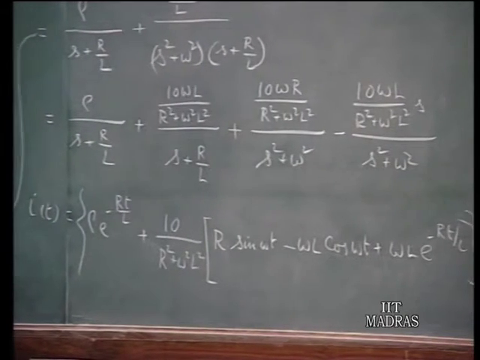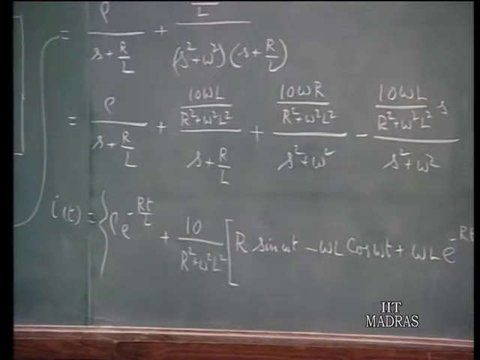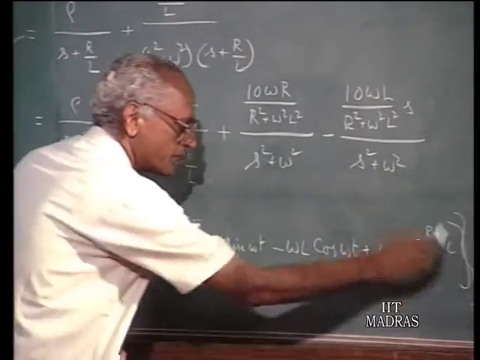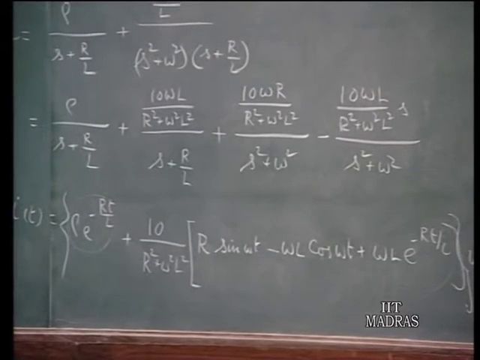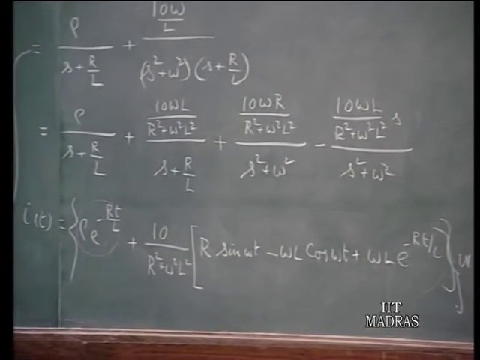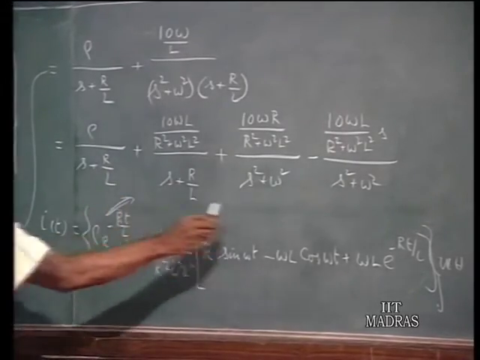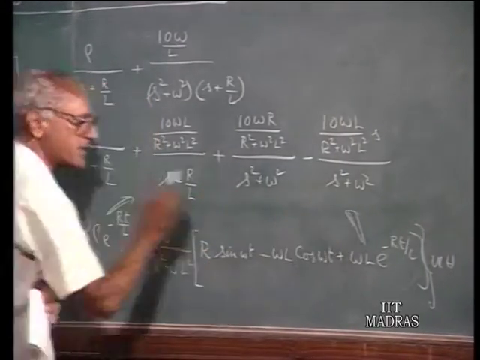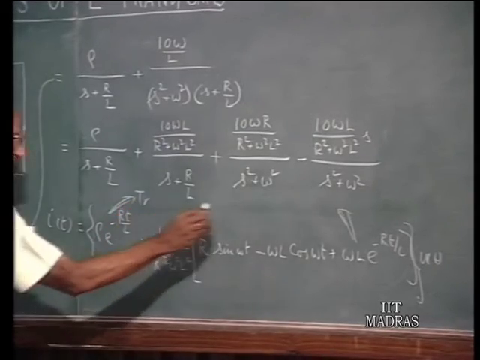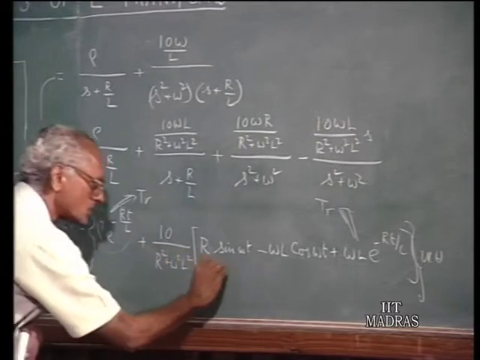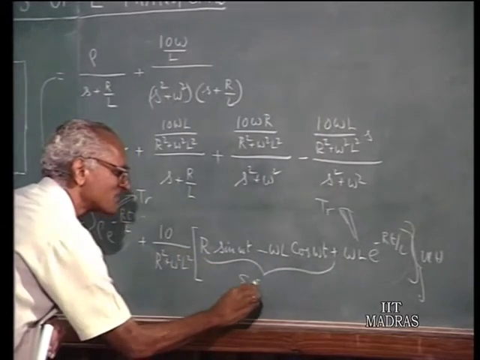Now in this you observe that this term and this term can be combined if you wish. It is a decaying transient, e to the power of minus Rt by L. Therefore, this term and this term together are the transient terms, they decay with time. Actually both of them can be combined, whereas these two terms are the steady state terms.